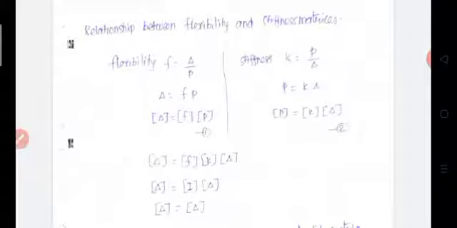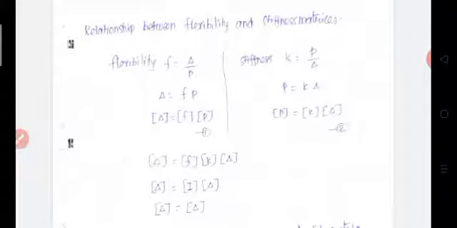Let us take this as equation 1. Then from the definition of stiffness, K is equal to P by delta. From that, P is equal to K into delta. Again it can be represented in matrix form. Therefore P matrix is equal to K matrix into delta matrix. Take this as equation 2.